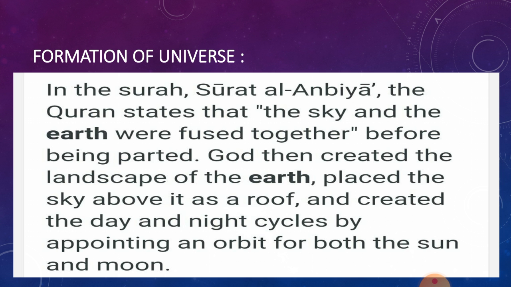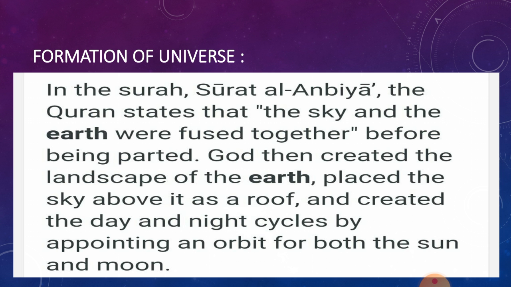According to these verses of the Quran, we get a point that the sky and the earth were fused together, meaning life started from a single point, from a single thing. These both were in fused form. Then God created the landscape of the earth, and he separated the sky and the earth from each other.